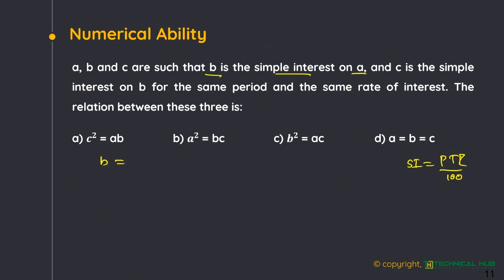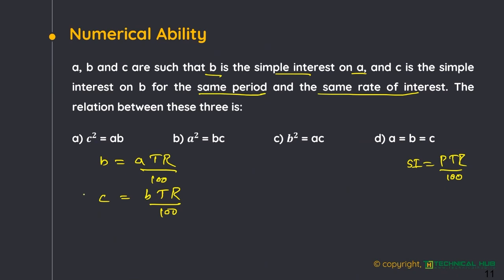We don't know the time period and rate of interest. And C is the simple interest on B. B is the principal amount. And you don't know the time period and rate of interest.